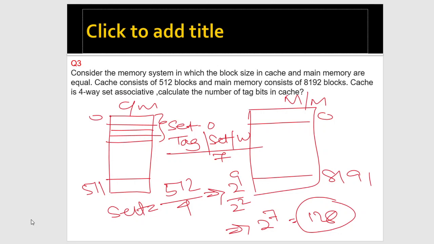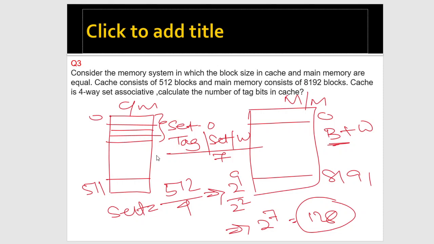Then what is the remaining? Here I have to find the memory address, which is in the form of B plus W. Is block size given or not? Block size is not given, but the block is a combination of tag and set.